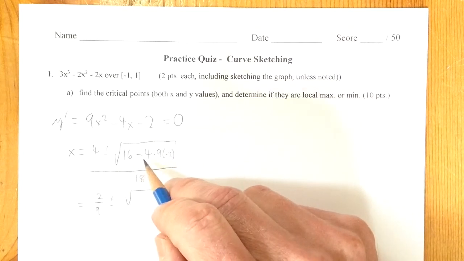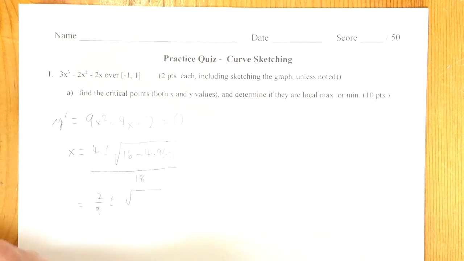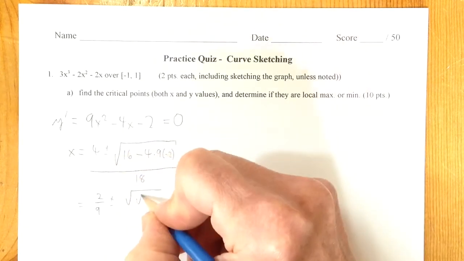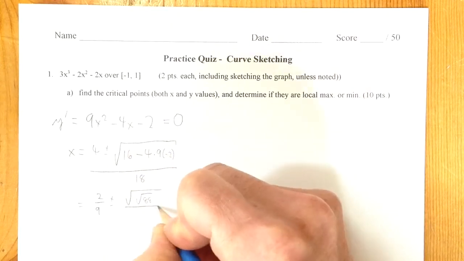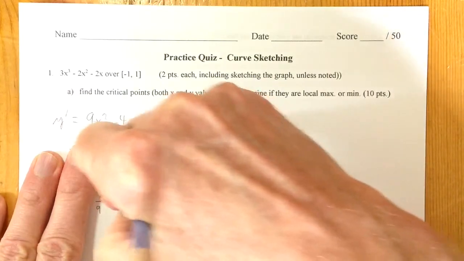So 16 plus 72 is 88. I'm doing too much in my head. 4 times 18 plus 16, yep, I got that right. Square root of 88 divided by 18.